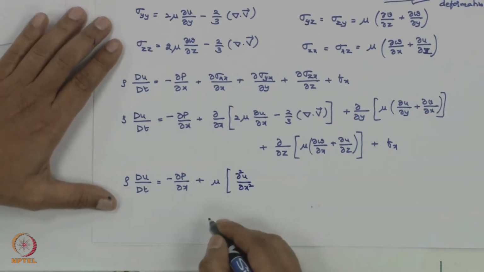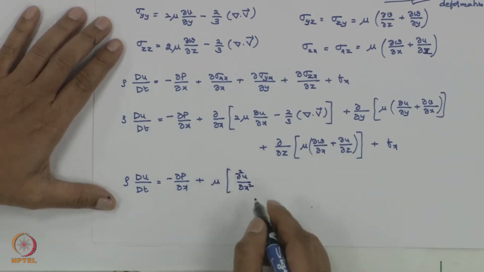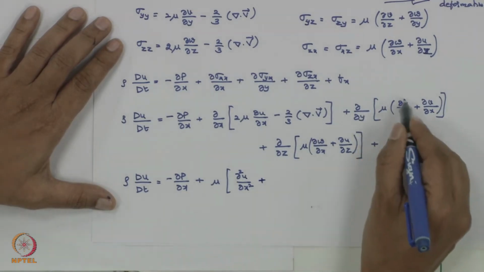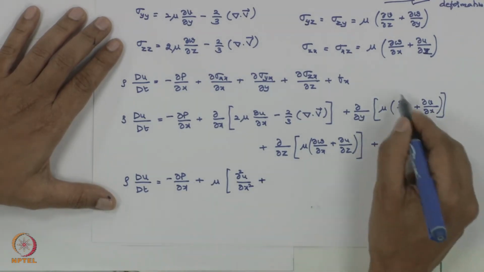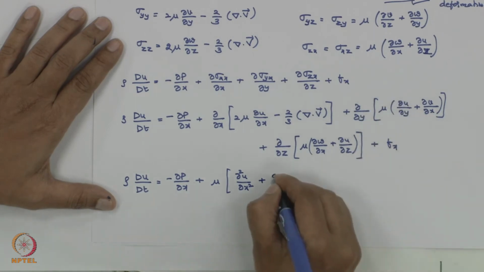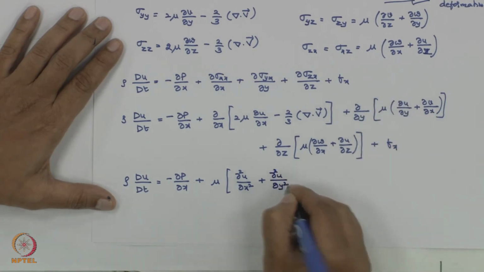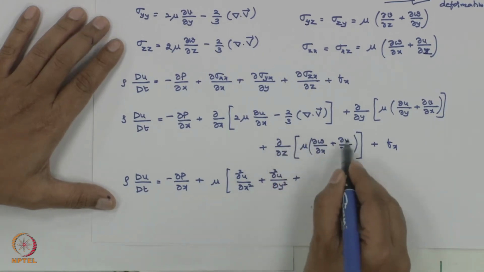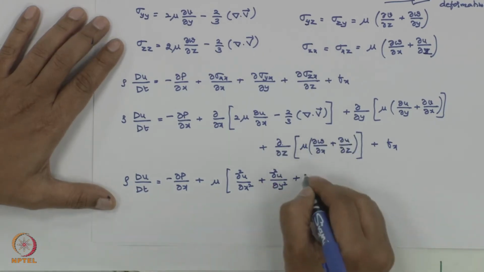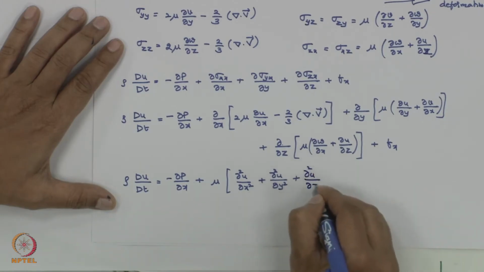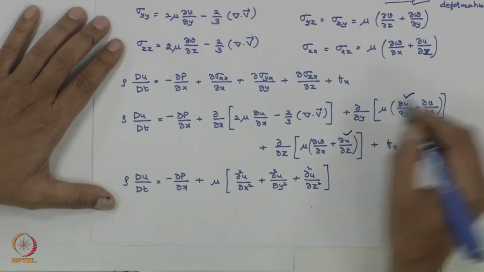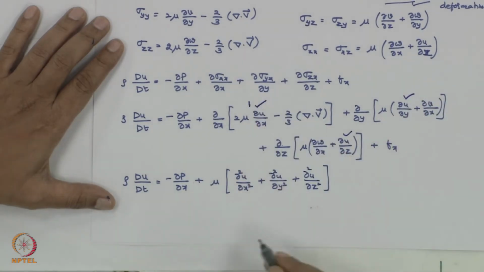Another term we will keep it like that, plus here if you come to the first term, you have mu del squared u by del y squared, then first term of this is del squared u by del z squared. So this term is over, one of this term is over.